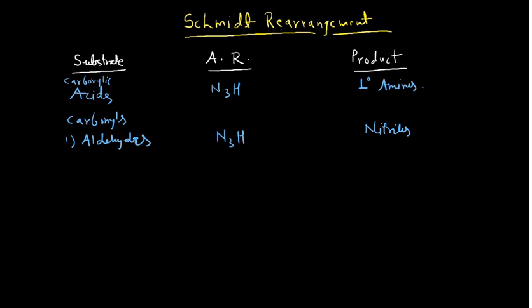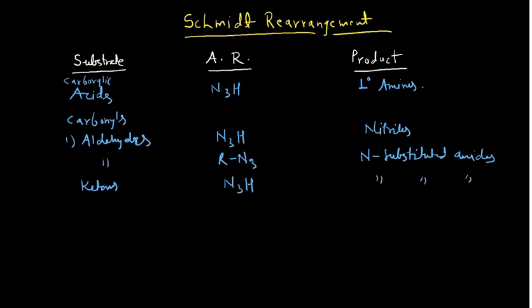The same thing, if you take the aldehyde but react it with an alkyl azide like RN3, you will get N-substituted amides. After that you may have your ketones. If you have your ketones and you are treating with hydrazoic acid, again you will get N-substituted amides.